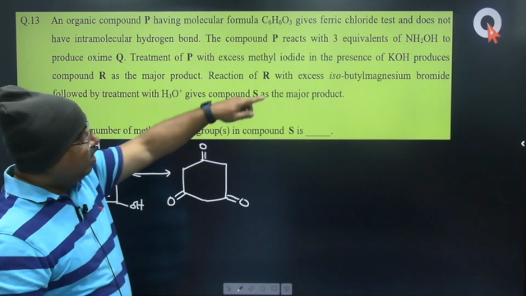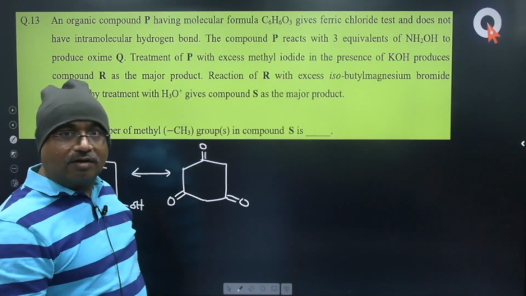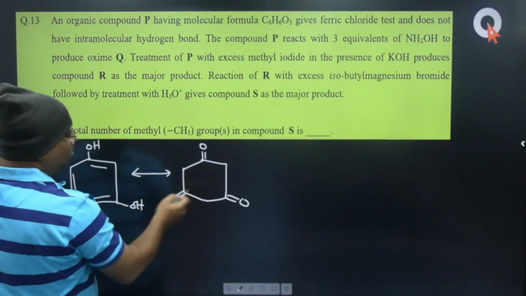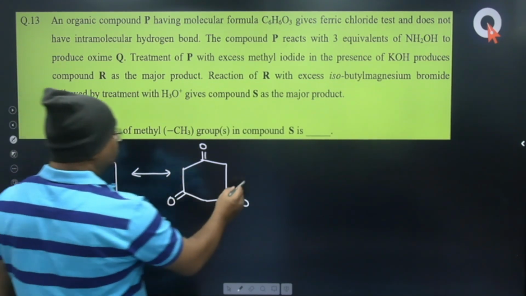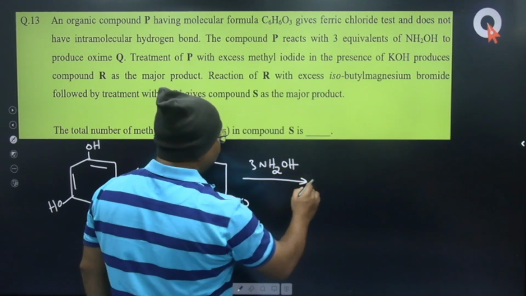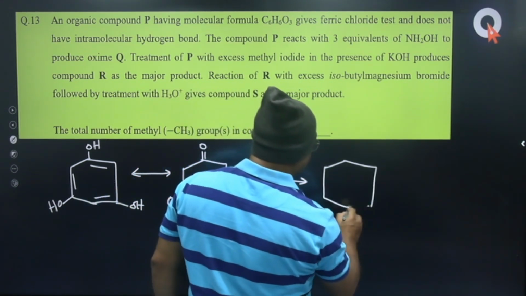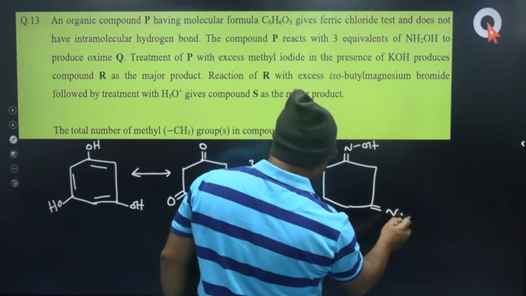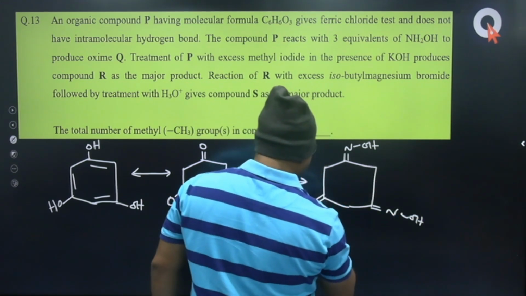Because he says 3 equivalents of hydroxylamine are used to form oxime. So 3 C=O's exist, so that 3 moles of NH2OH will form oximes. C=NOH, C=NOH, like this.